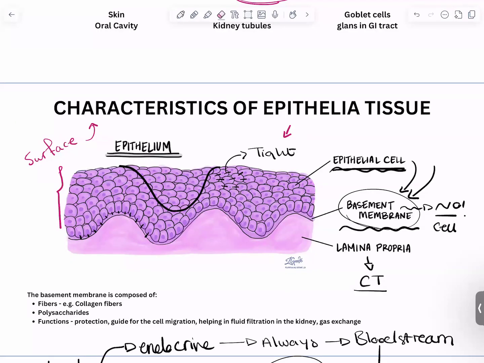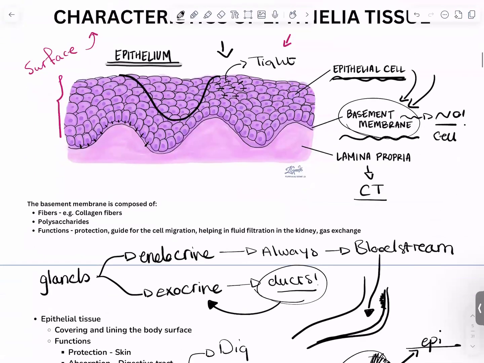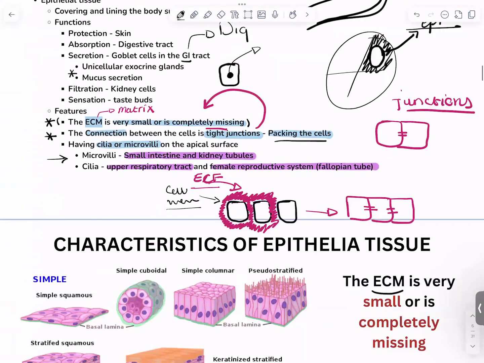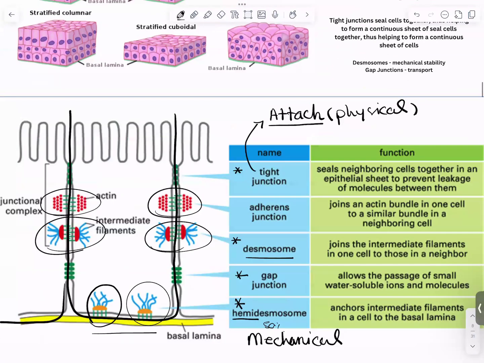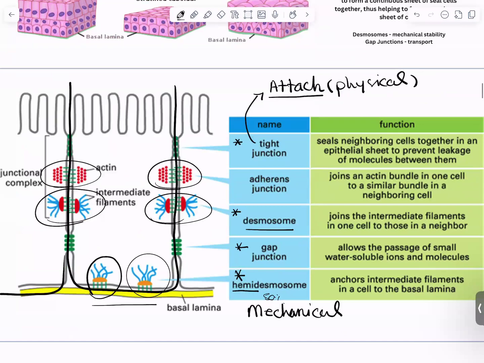And tight junction pushes the cells to stand next to each other, something like this. So it removes the extracellular matrix, as you can see here. So we have the tight junction. We discussed desmosomes and hemidesmosomes, and another one is the gap junction.